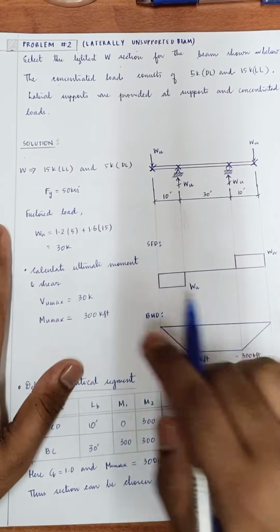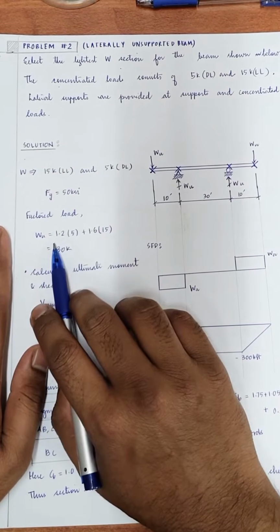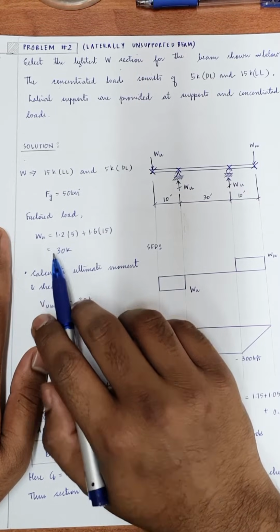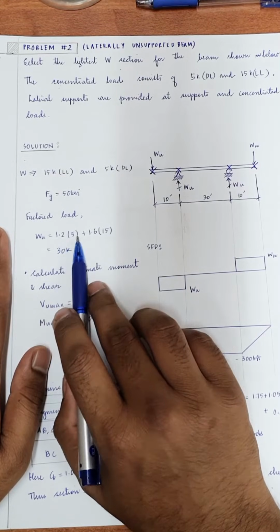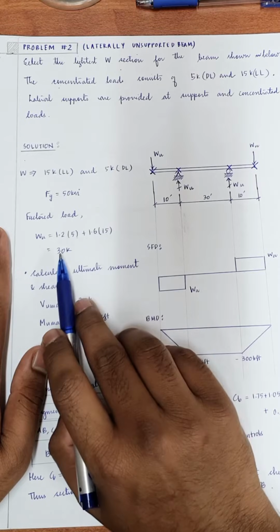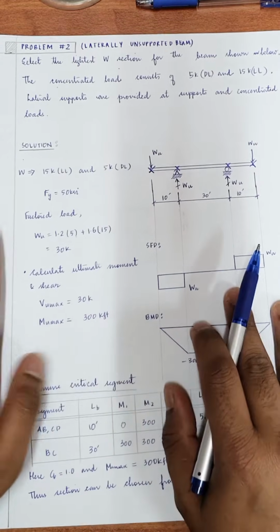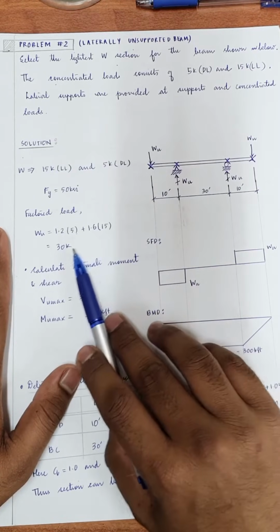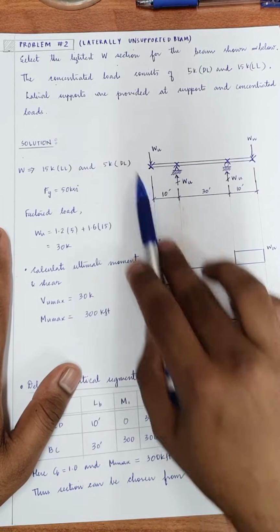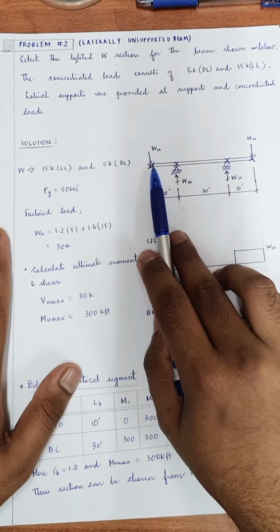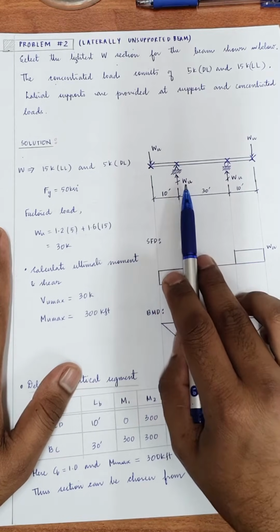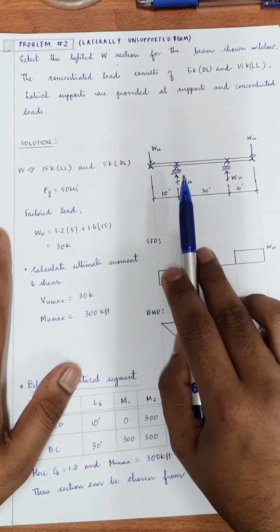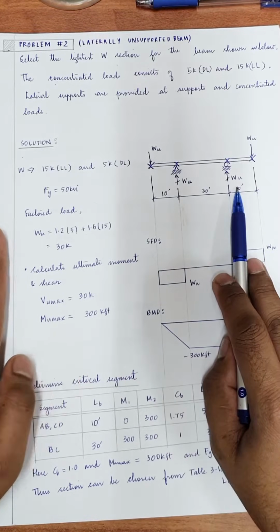So the ultimate load can be found by applying the load factors, 1.2 dead load plus 1.6 live load, which is 30 kips. Now based on this, since we have found WU from the symmetric loading condition, you can find that the reaction is WU here as well.